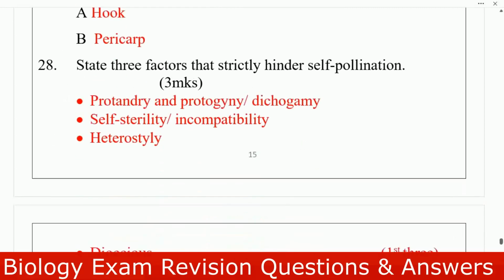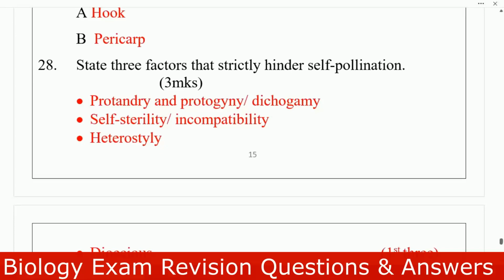Number 28. State the 3 factors that strictly hinder self-pollination. Protogyny, protandry, or dichogamy.